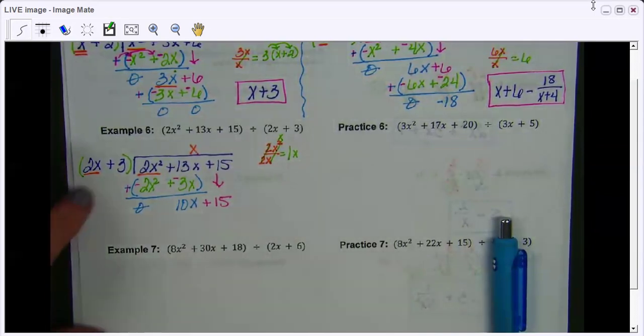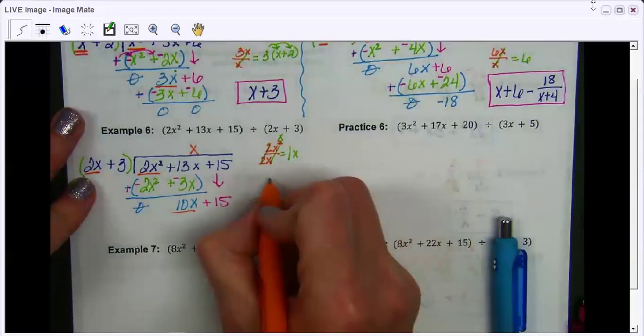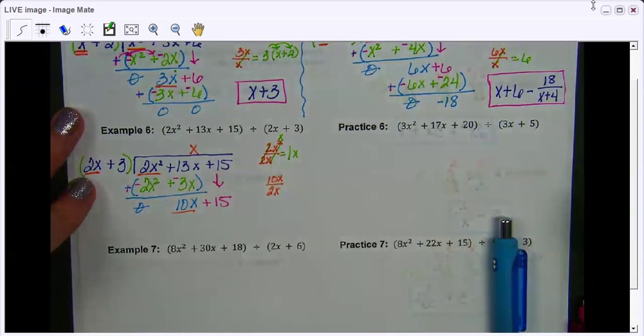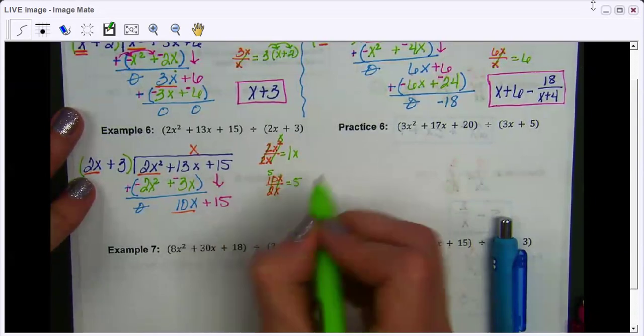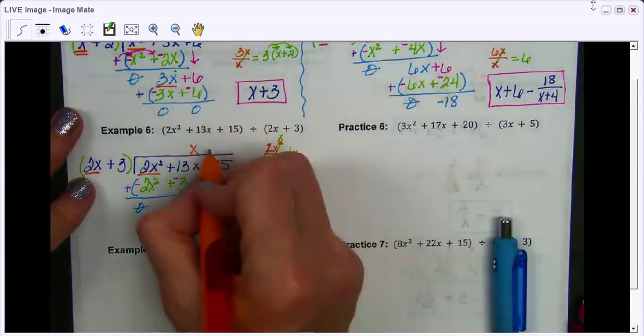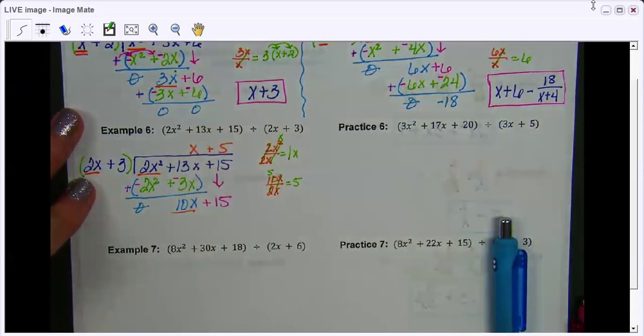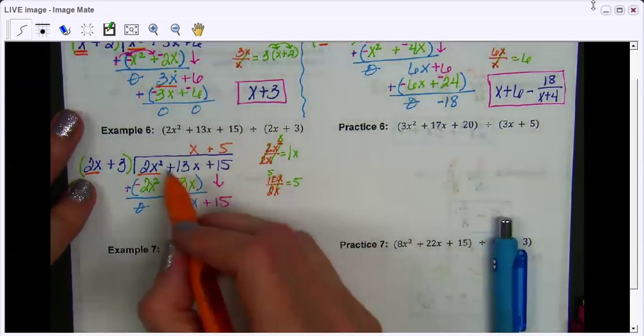All right, now we're going to divide 2x into 10x. So I'm going to take 10x and divide it by 2x. 10 divided by 2 is 5. My x's cancel out, so it's 5. I put it above my like term in my trinomial here.